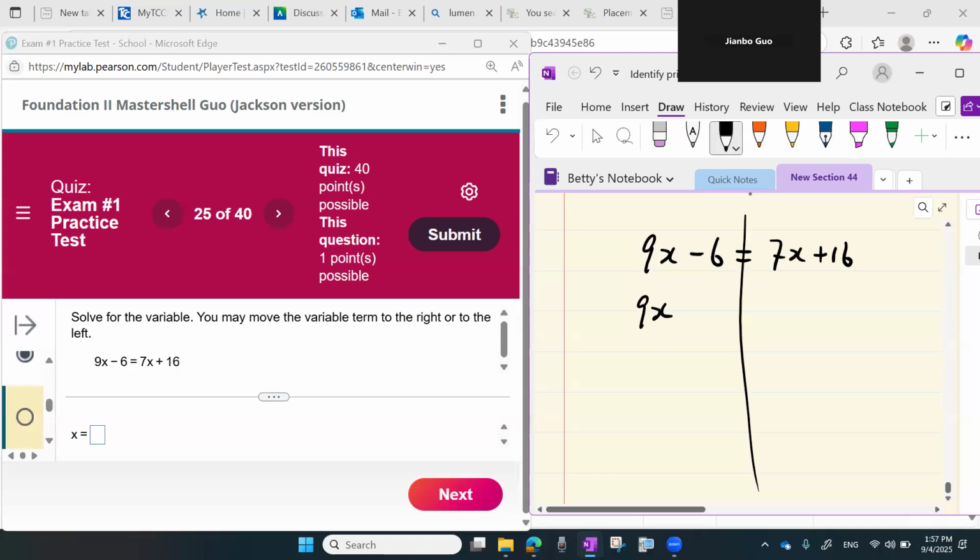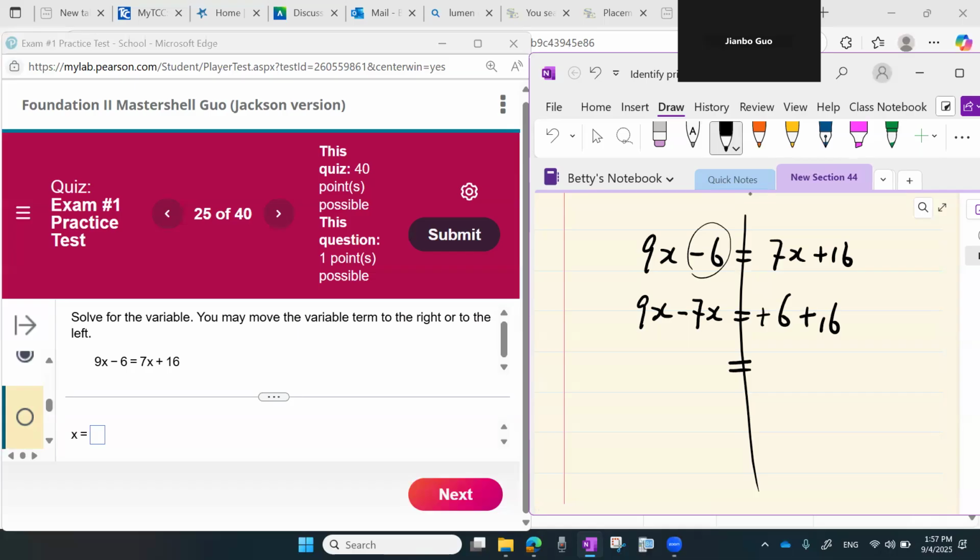We want the 9x to stay on the left, so we have 4 terms in total. Move 7x from the right to the left: it is positive on the right, negative on the left. Keep 16 here, and move -6 over: this term is negative on the left, so it is going to be positive on the right.